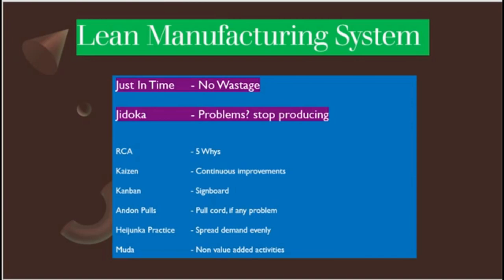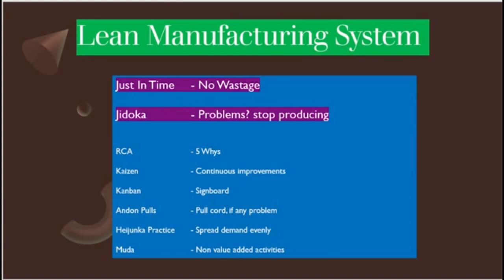There are various methods. As and when there is a problem, the worker can pull the andon cord. Then the supervisor will get an alert and he will come, and he may bring some technical team to fix the problem.